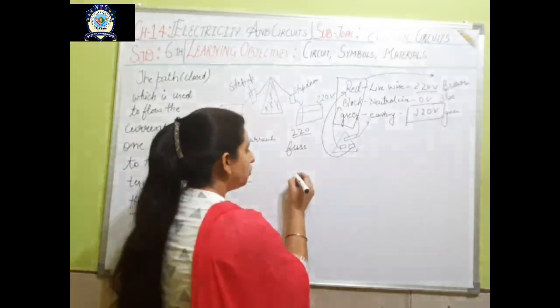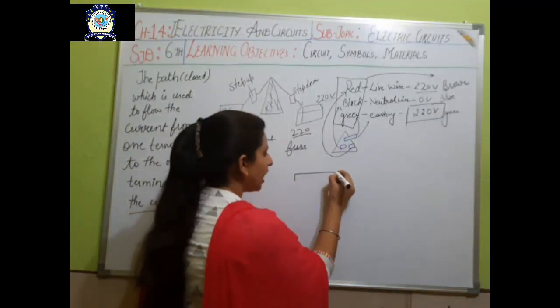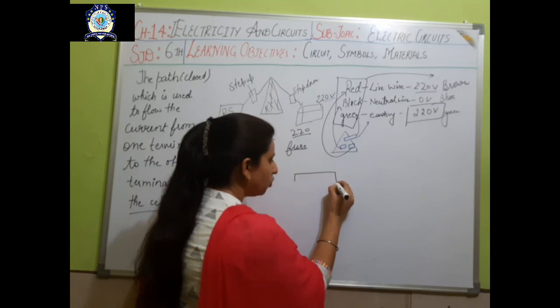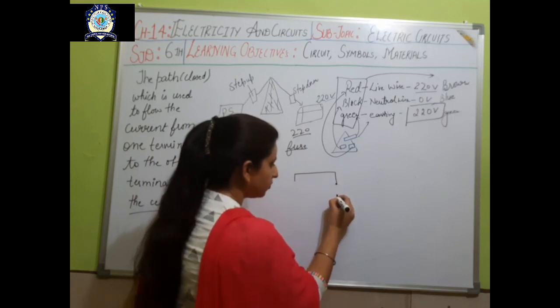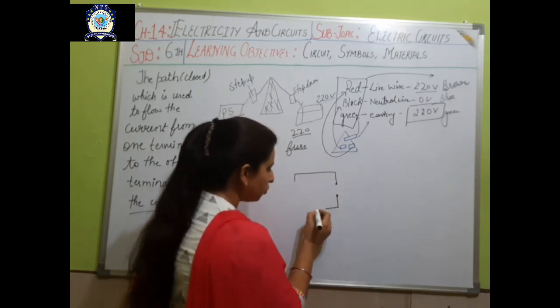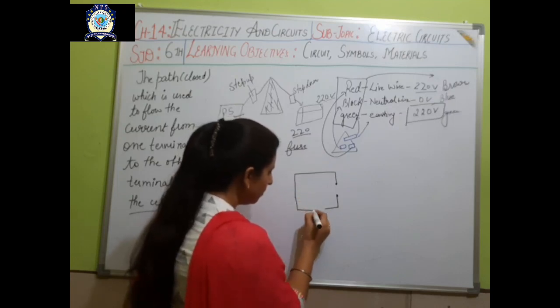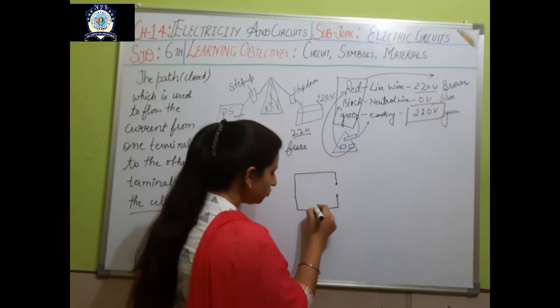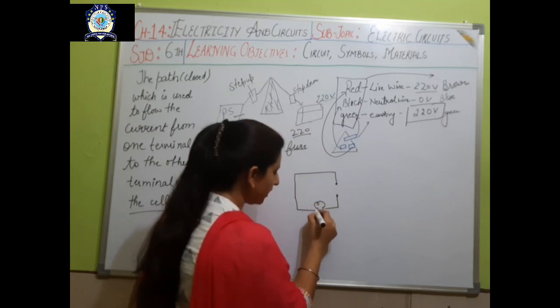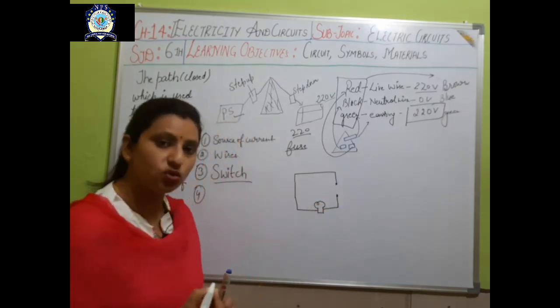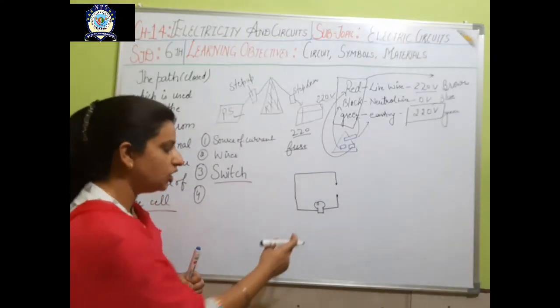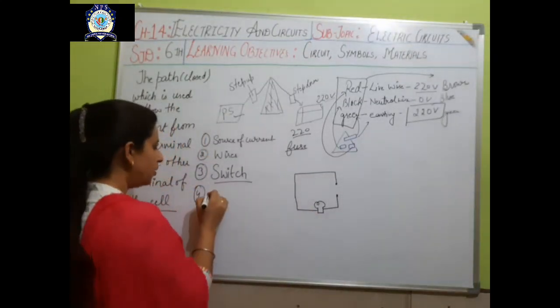Okay, if I go for the simple circuit, I know that I have to go for the wires, then I have to go for the switch. This is a kind of switch. And then I have to go for one more device which is responsible for showing whether the current is passing through the circuit or not, and that is the illuminating device, which is called the bulb.